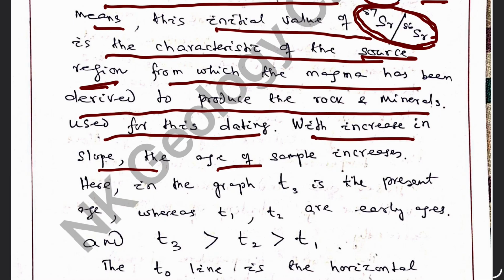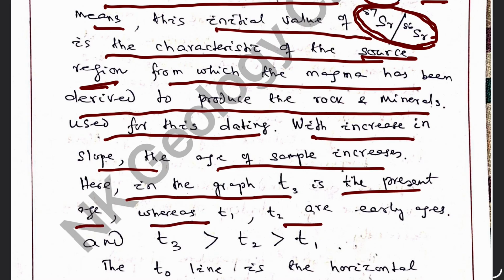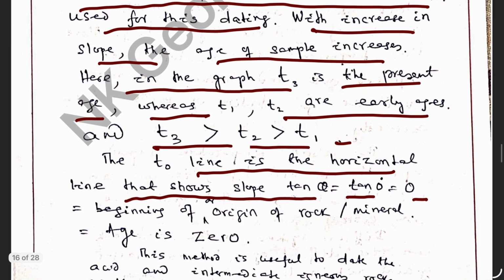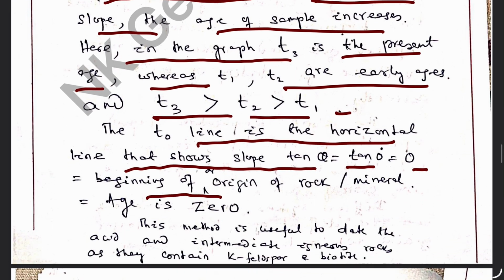With the increase in slope, the age of the sample increases. Here in the graph, T3 is the present age, where T1, T2 are the earlier ages. So T3 is greater than T2, greater than T1. And the T0 line is the horizontal line that shows slope tan theta equal to 0, which is the beginning or the origin of the rock or mineral.